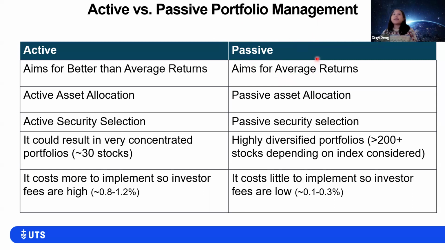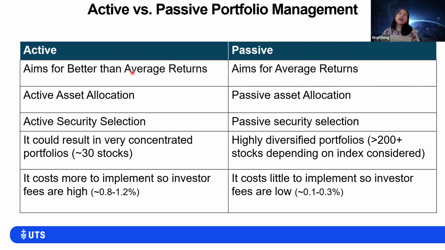So the best that portfolio managers can do is just to replicate the market, or in other words, passively follow the market. So the best they can achieve is just the market returns or the average returns.